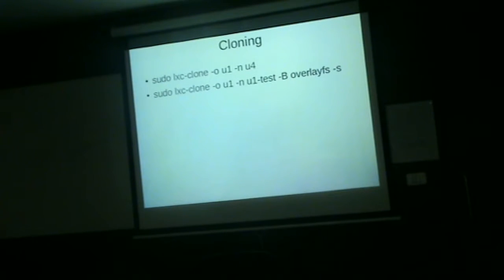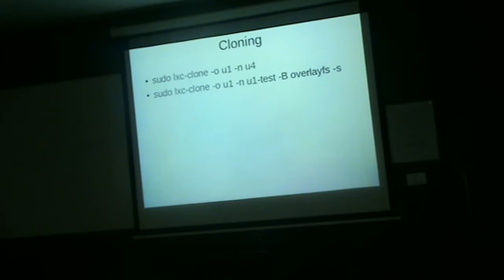But this cloning might sometimes take time. So what if you only wanted to do the changes on your production itself but not affect your production environment? So what you can do is use a second command, which uses the overlay-fs file system.